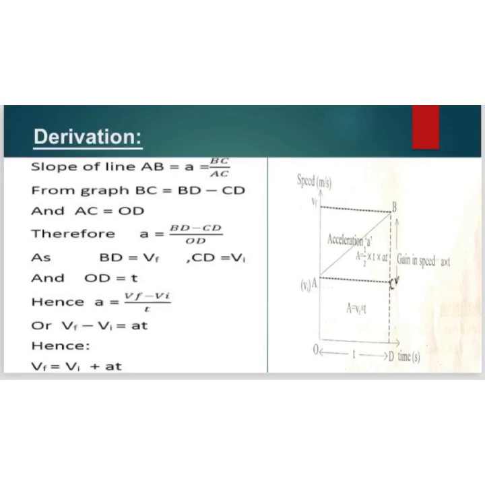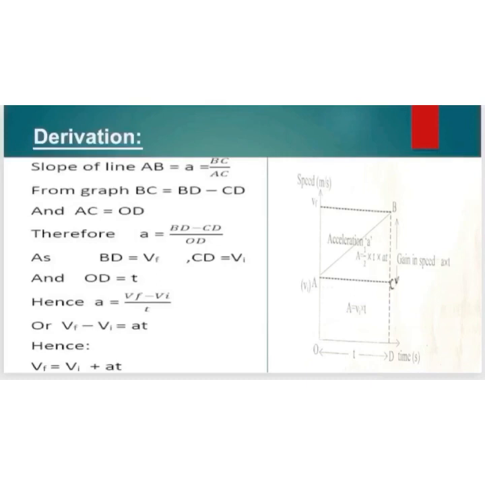So in place of BD we will put Vf, and if you see on the left side of the graph, CD is equal to Vi. So here BD is equal to Vf, CD is equal to Vi, and AC and OD both are representing the time. So OD is equal to T.